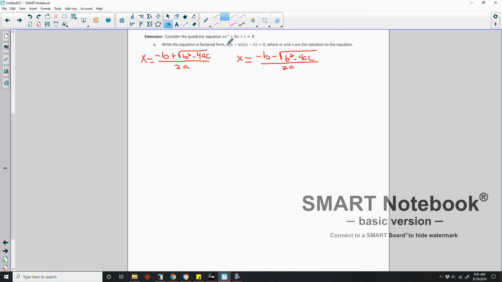So in factored form, let this be this solution and let this one be this solution, and so now the answer to this problem is we just need this a.